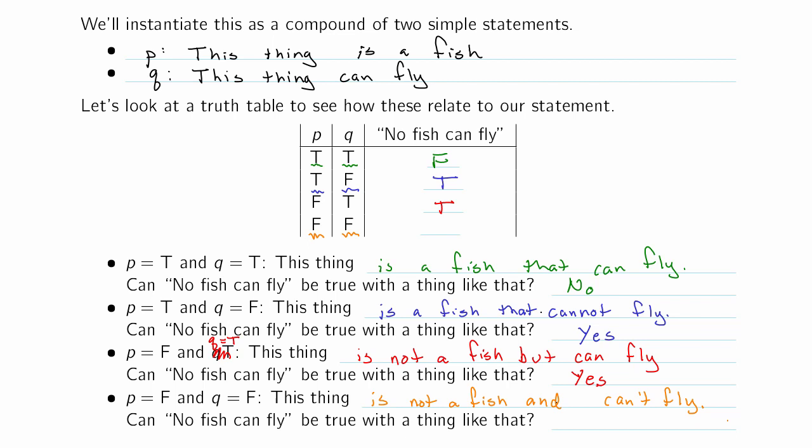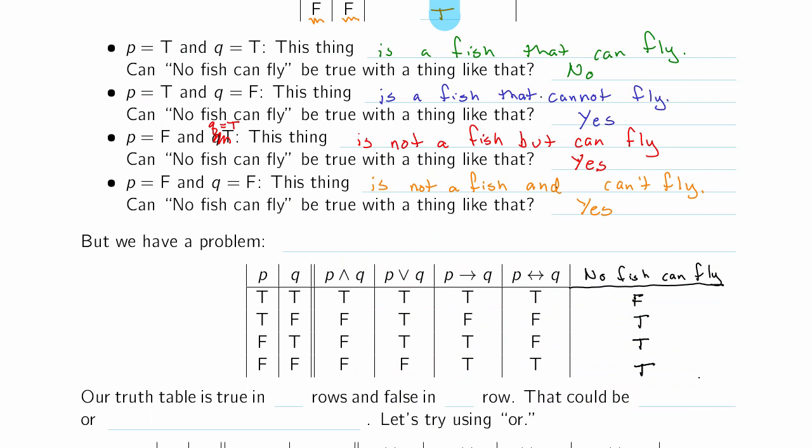Saying that no fish can fly doesn't mean that everything that's not a fish can fly. There are lots of things that can't fly that aren't fish. So that's no problem. Okay, so we get the column false, true, true, true. But this gives us a problem. This doesn't match any of our standard columns.